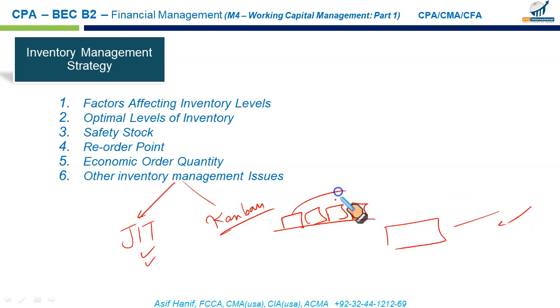By the time these 4 batteries are exhausted or used, someone in the warehouse will bring another 4 to replace what was used. So Kanban means a system that refills or replenishes the quantity used so that the production process keeps on moving like a well-oiled machine.